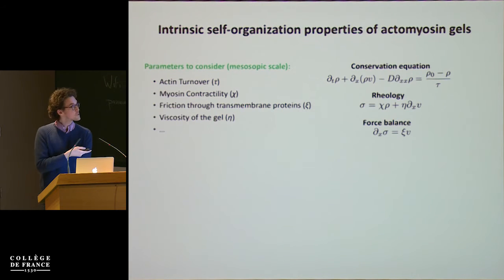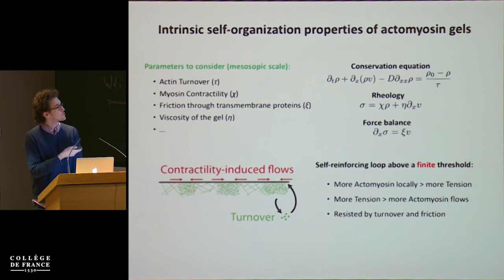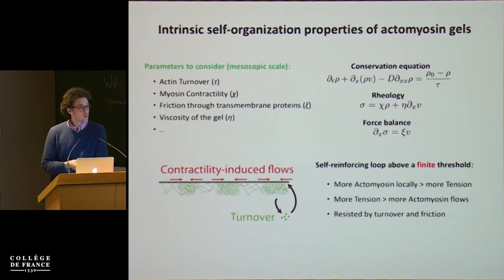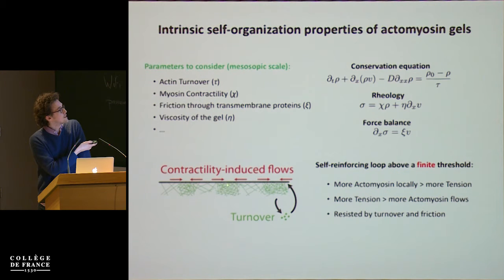And the interesting thing is, as soon as you write the most minimal model, you have a very simple route towards patterning that emerges, and this route is just contractility-driven self-reinforced flow. The general idea is that as soon as you have a bit more actomyosin here, because actomyosin is under tension, high density, high tension regions are going to attract low density regions.